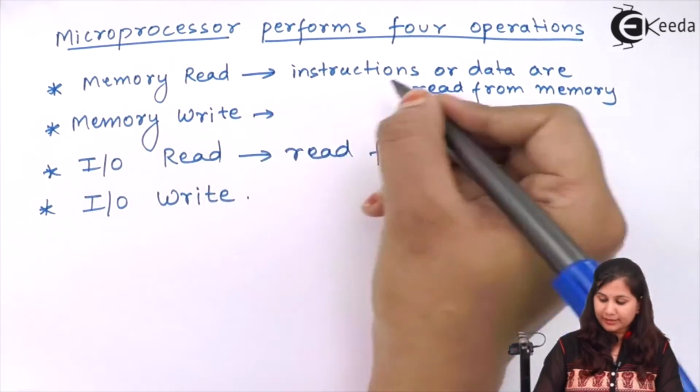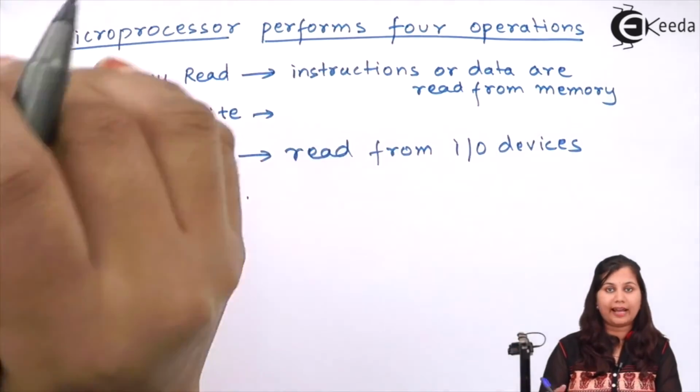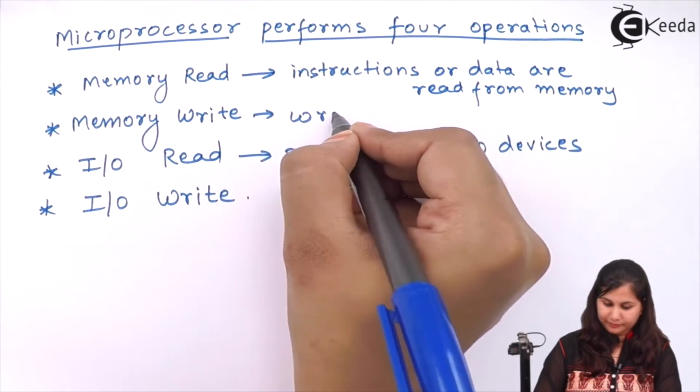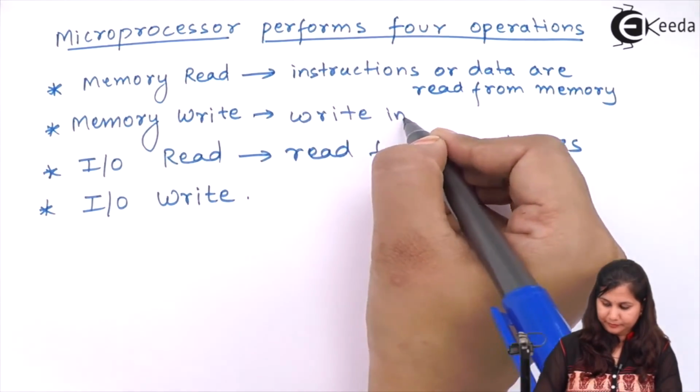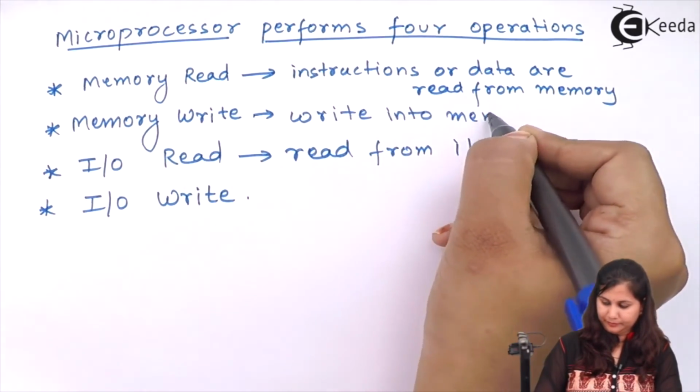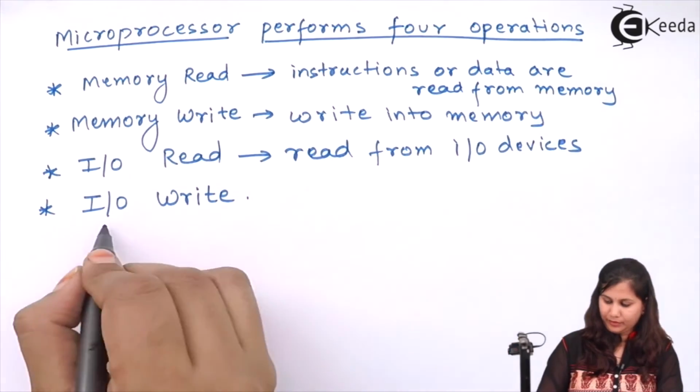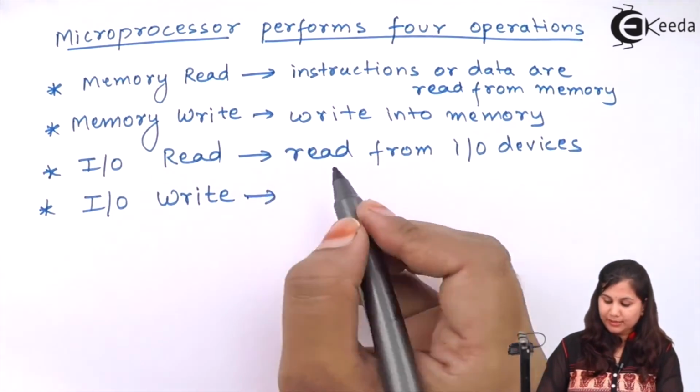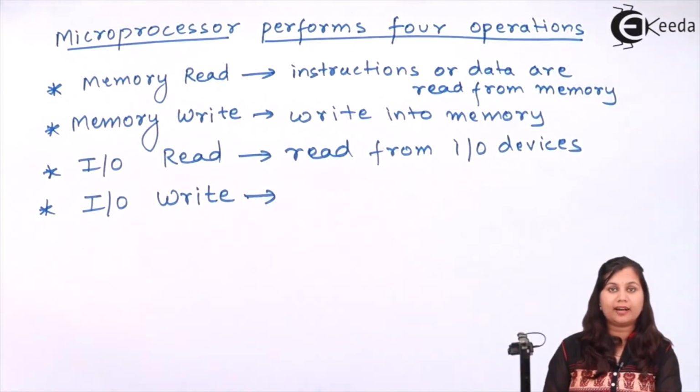Memory write means the instructions or data are written into the memory. And input output write means the instructions or data are written into the input output devices.